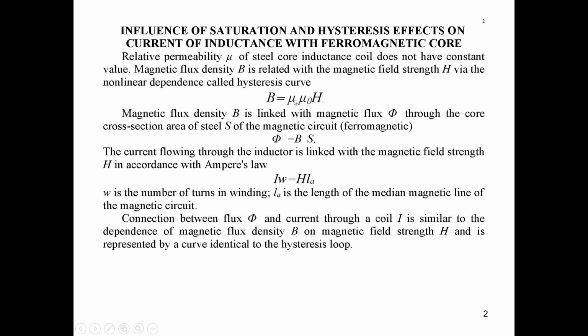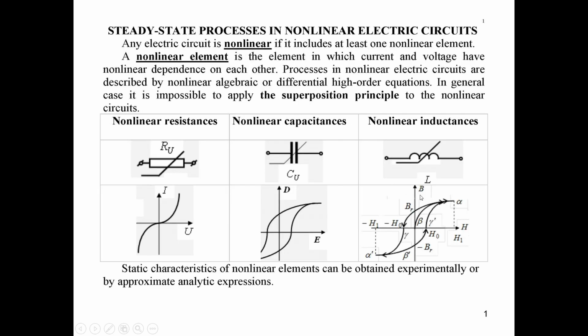It's a constant. Mu is the relative magnetic permeability, which can depend on the level of applied magnetic field intensity, and as B equals mu 0 multiplied by H, from this curve we can get the dependence of mu on H.